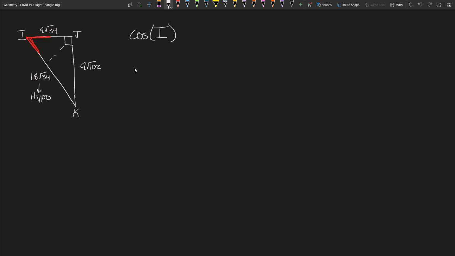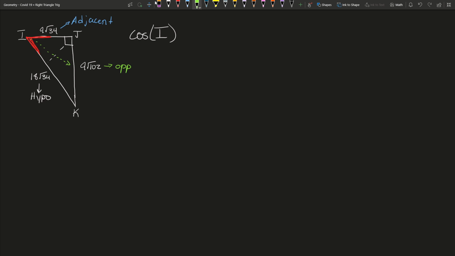And the side attached to the angle that is not the hypotenuse, that's the adjacent side. And if we needed the opposite, if we drew a line from I to the other side of the triangle, that'd be the opposite side.